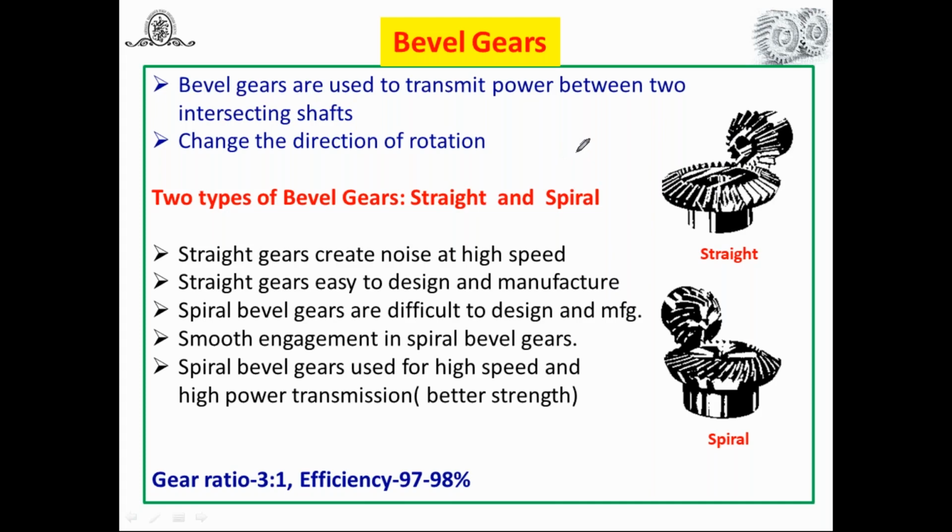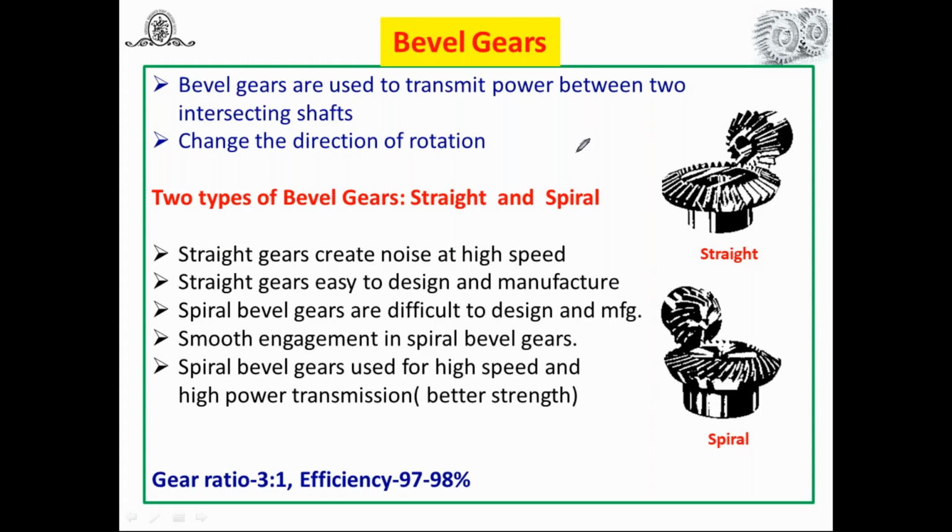But in general, when these two shafts are at 90 degrees, for that right angle power transmission bevel gears are used. In some cases, when the angle between the axes is less than 90 or sometimes more than 90 also, we can use bevel gears.